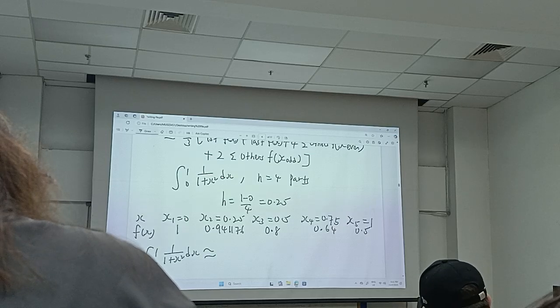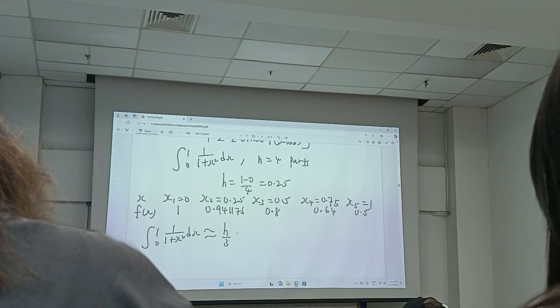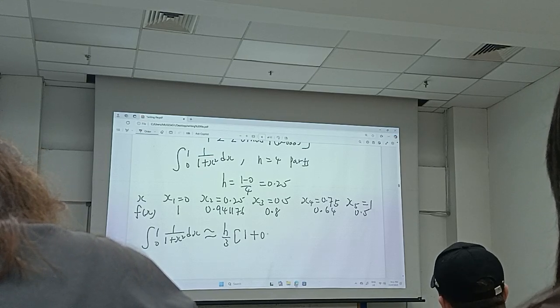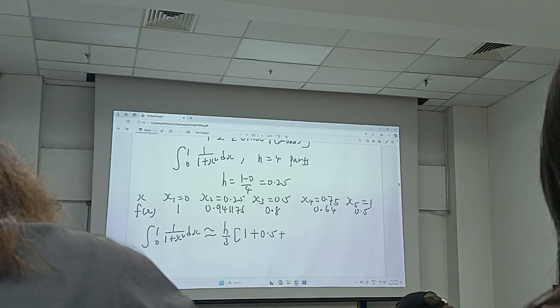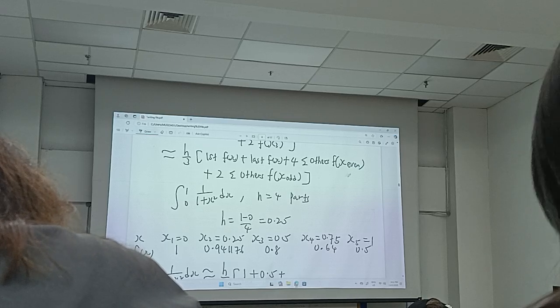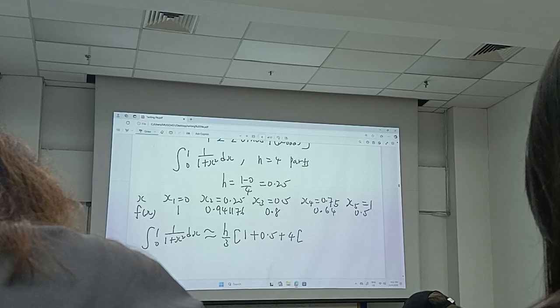So for Simpson is h over 3. Remember that h over 3. First one plus last one. And 4 times others with the even numbers. Even numbers, right? 4 times the summation of others with the even numbers.